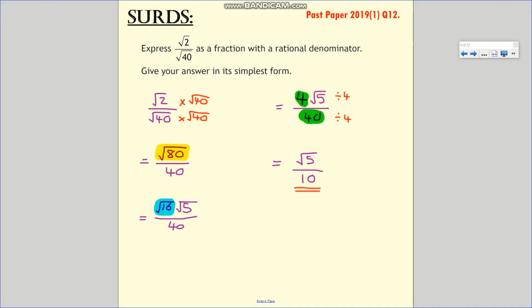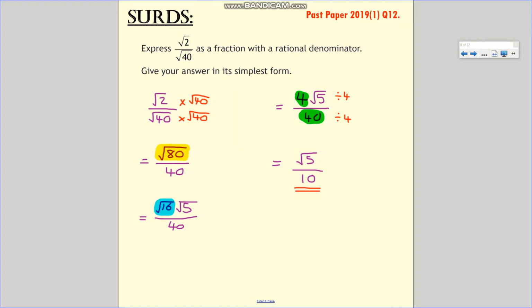Just to recap that one more time. I multiplied the numerator and the denominator of the fraction by the root that was on the bottom of the fraction. Then I checked to see if whatever was on the top of the fraction could be simplified. In this case, root 80 could be simplified because it divides by a square number, 16.